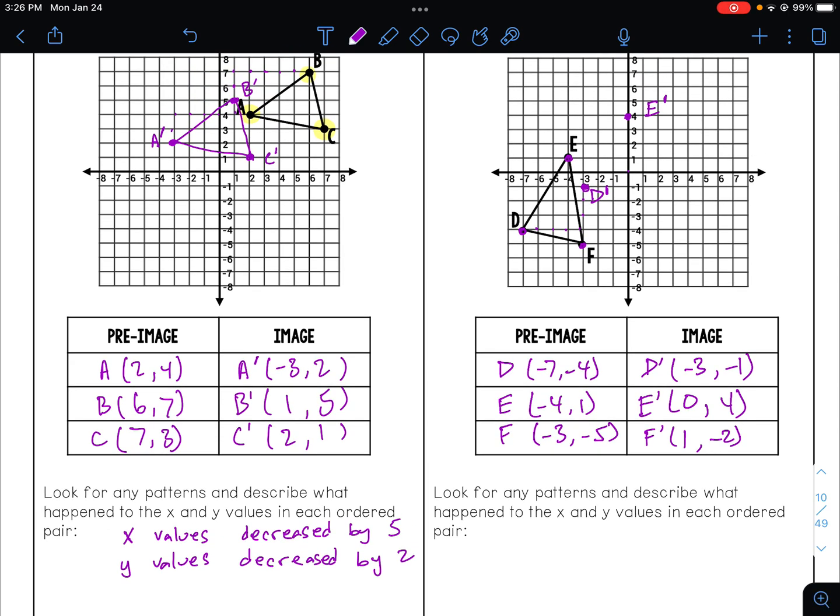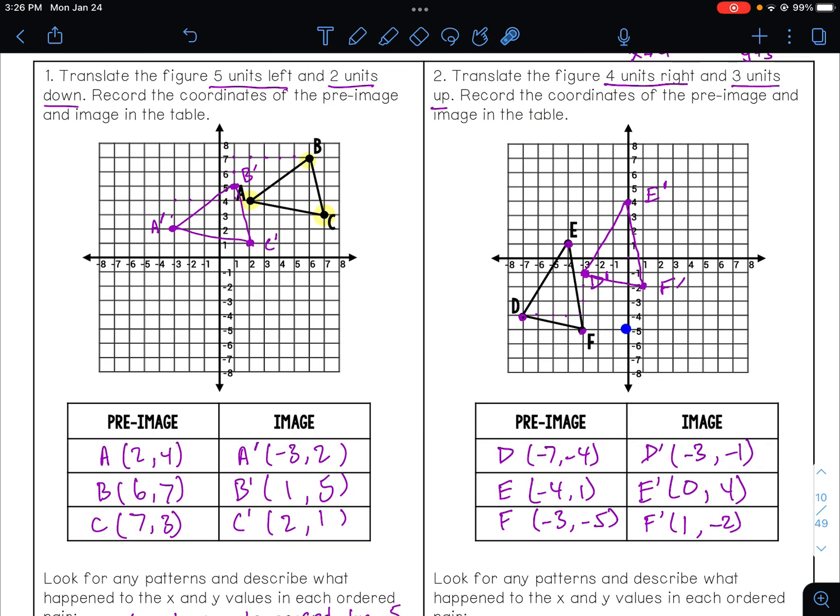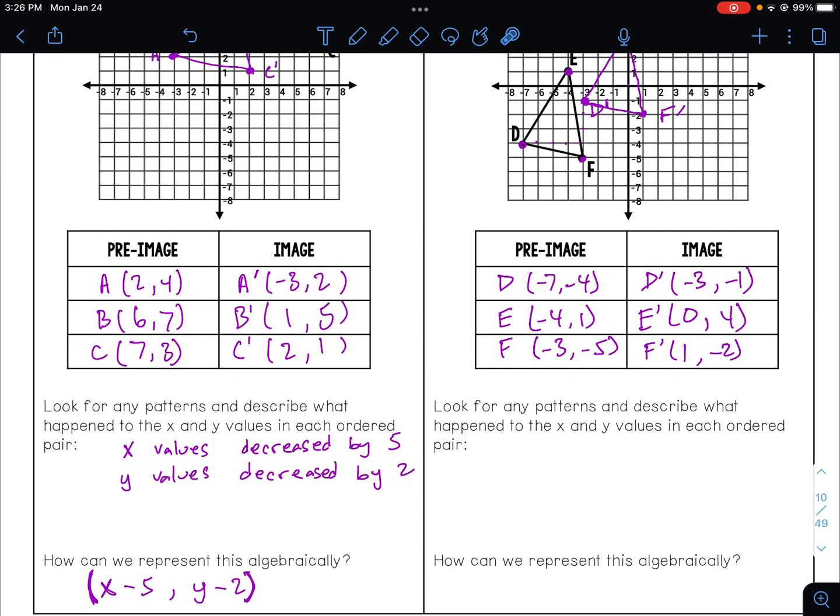So 1, -2, that's F prime. Let's see if I did it correctly. So 4 units to the right, 1, 2, 3, 4, and then 3 units up, 1, 2, 3. Yep, that's exactly where I said it would be. So yeah, if you do it algebraically, it works as well.